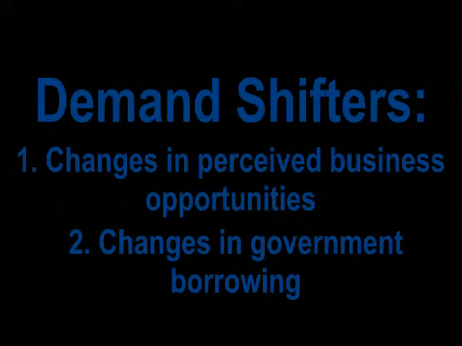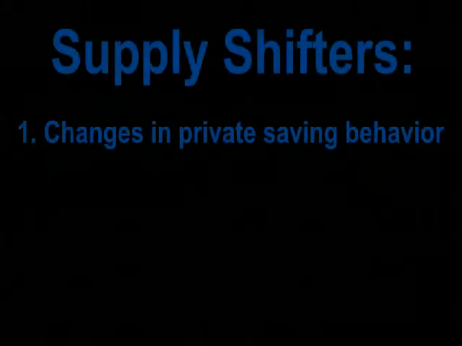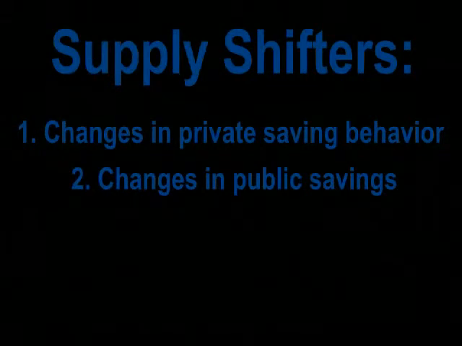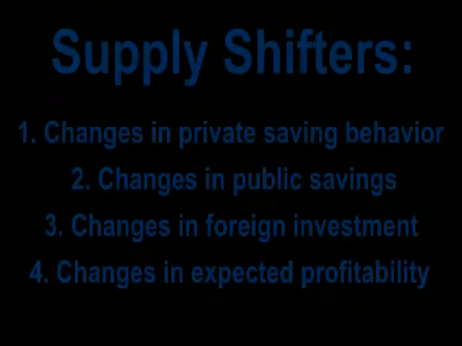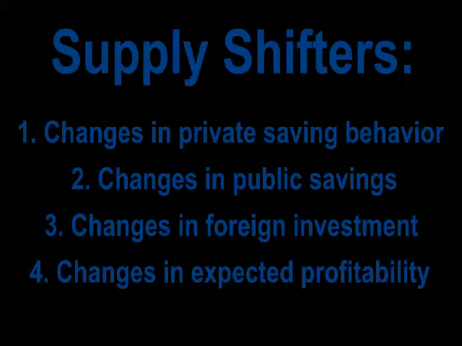That's because when the government needs to spend more money or less money, they're going to demand more or fewer loans, shifting the overall line. Now, the supply of loans is affected by changes in private saving behavior, changes in public savings, changes in foreign investment, and changes in expected profitability.